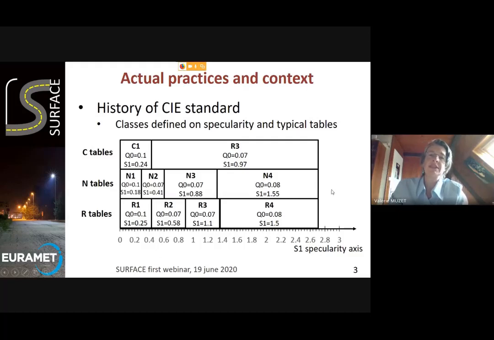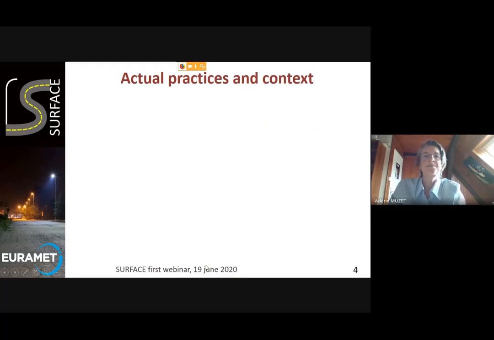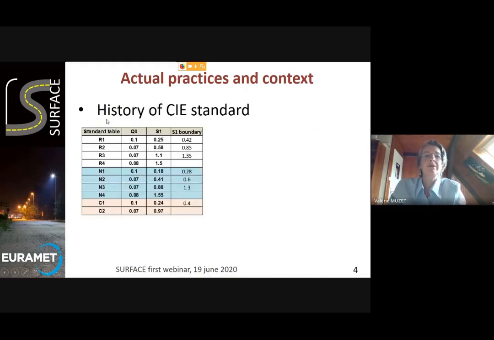For each of these tables, you have classes depending on specularity, and also typical values. In this graphic, you can see the boundaries with the S1 axis and also the typical values. So you have here the same data with another representation.